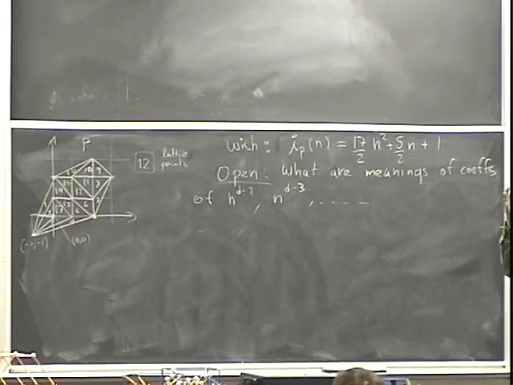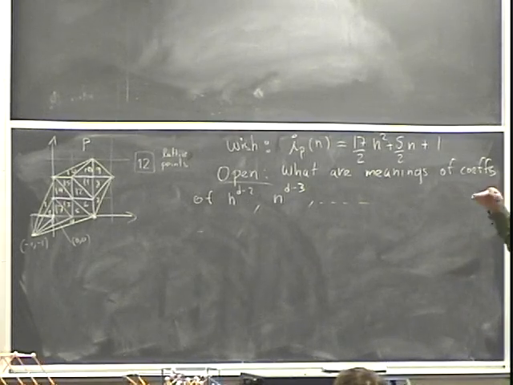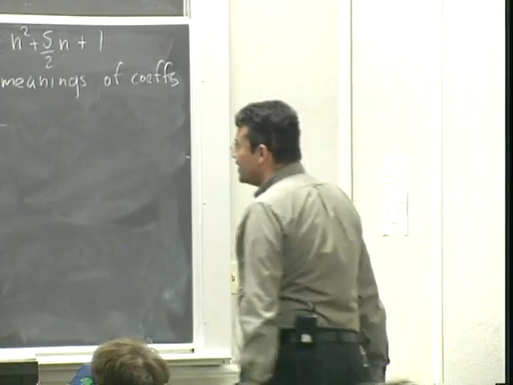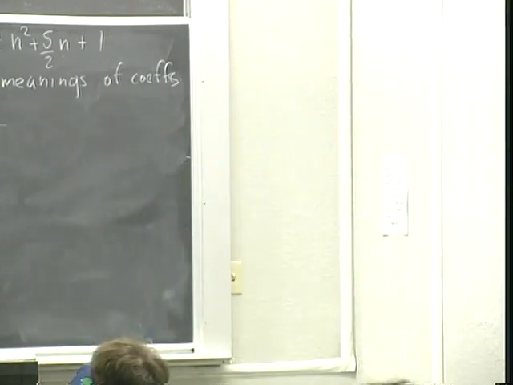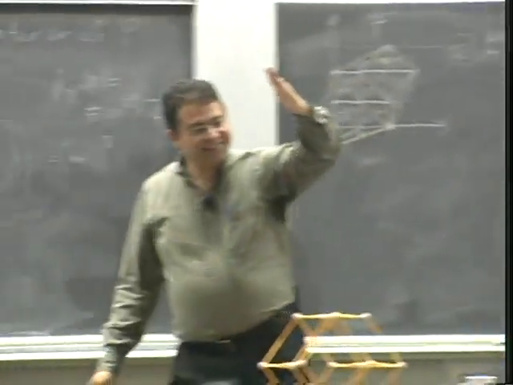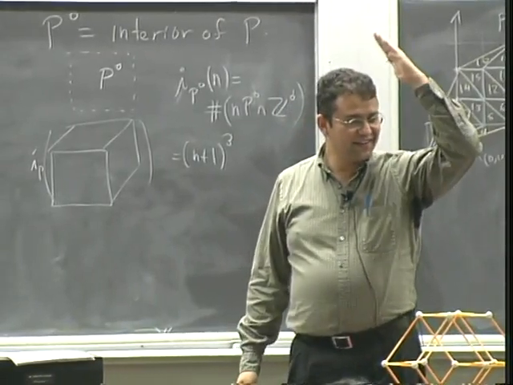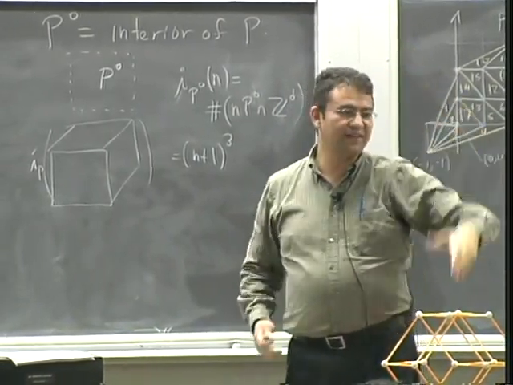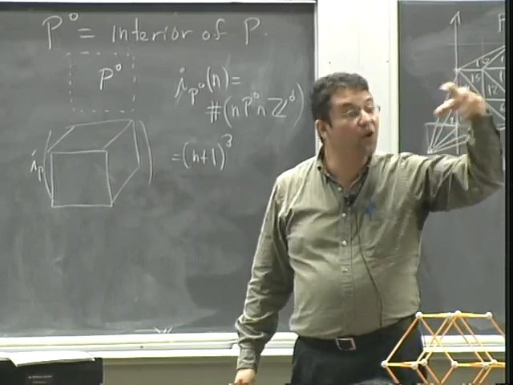For a d-dimensional example, in general, it will be the sum of the volumes of the bounding faces, but they have to be calculated with respect to the lattices that they are. You look at the affine span of that face, you compute the lattice, and that gives you the volume number.